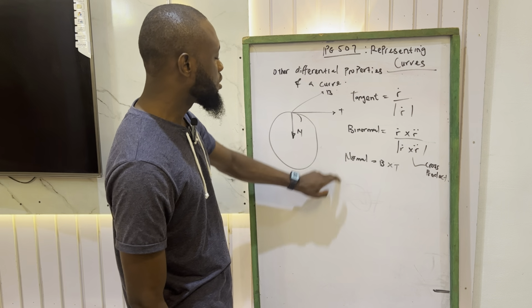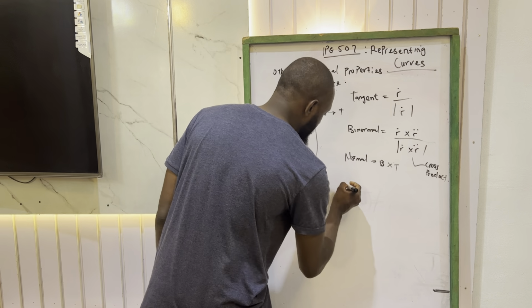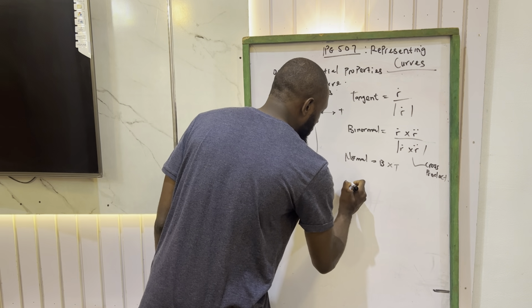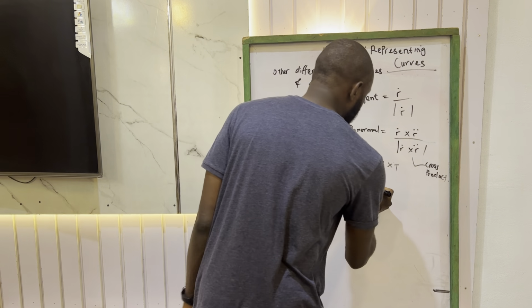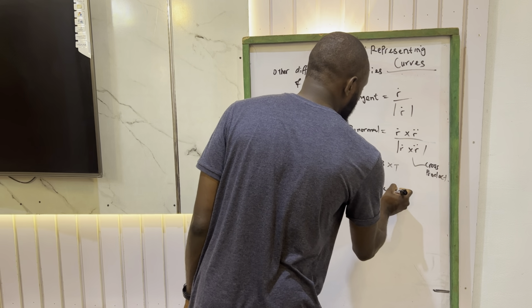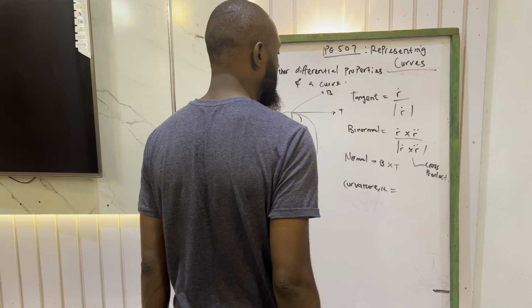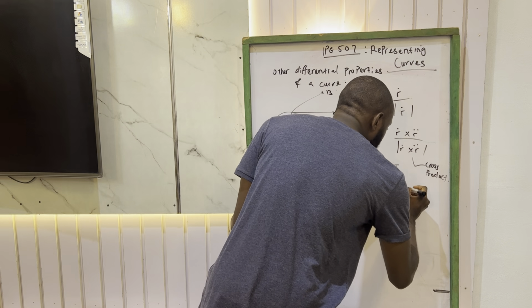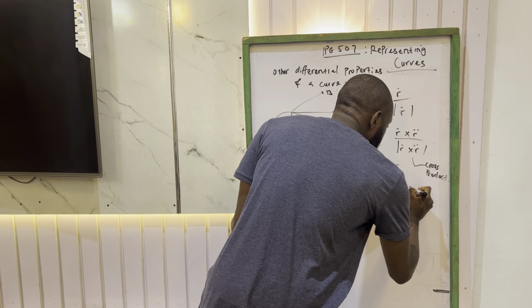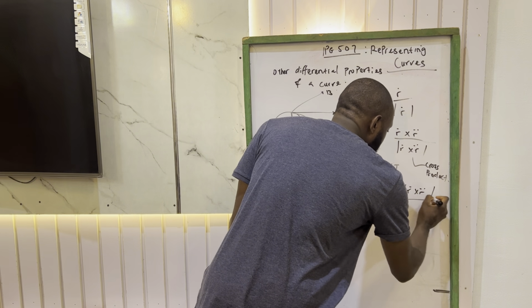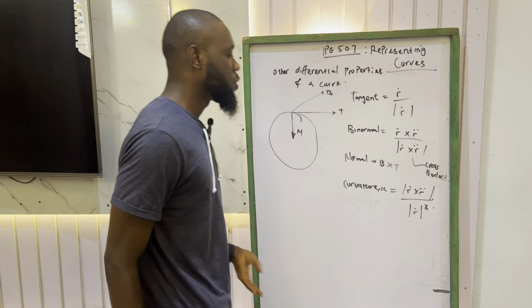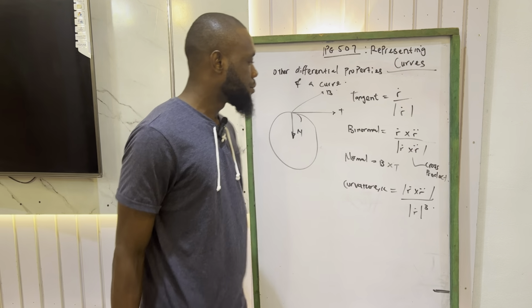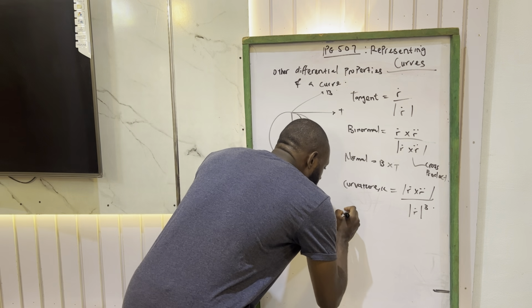We have this. Then we have curvature. So we have a curvature k. So our curvature k is this by this over this raised to the power 3. So it's this. Then we have the radius of curvature.